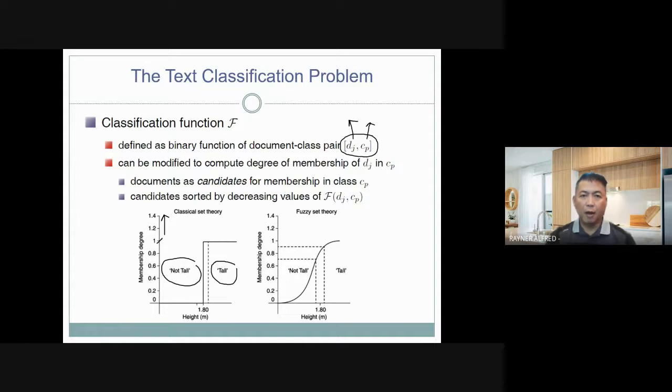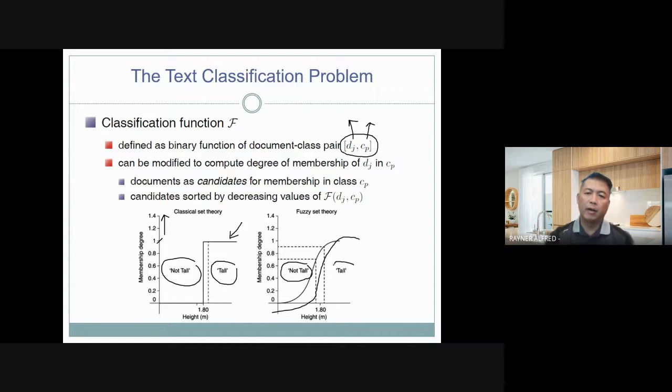So the classification function here could be more than one. So this is square. This is more like there is a slope here. Okay. So for this one, if the degree of membership is 0.7 and below, they belong to the not tall category.